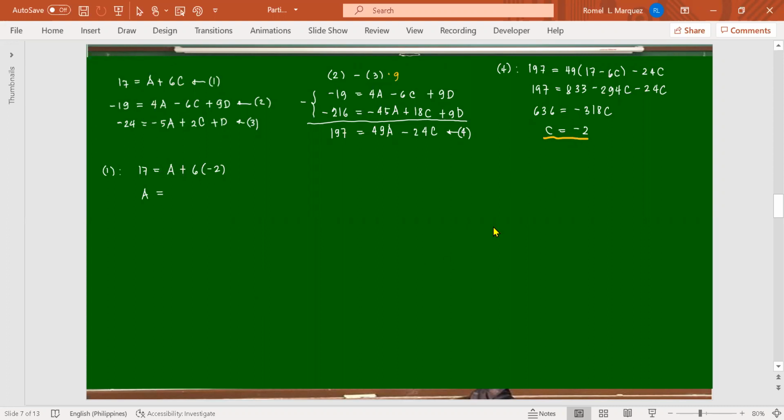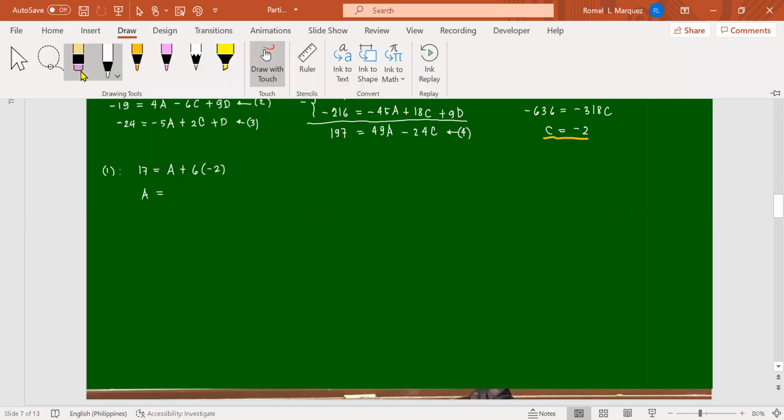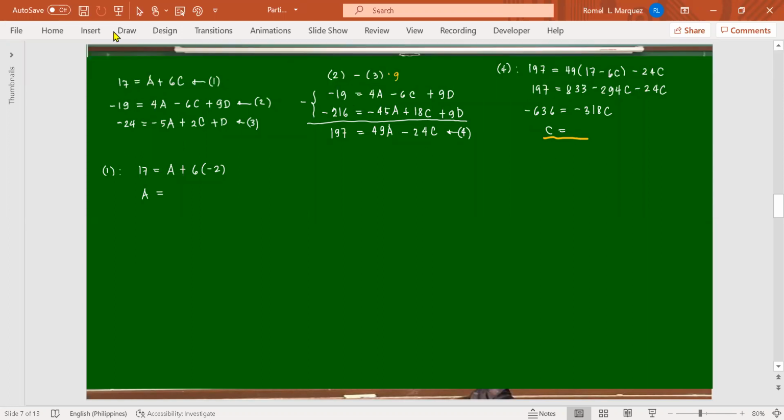Let me check my C. Sorry, C is not negative. That's why they are not the same when obtained from here and here. This is negative, yeah, I'm sorry for this. Negative, negative. And this is positive 2. Okay.